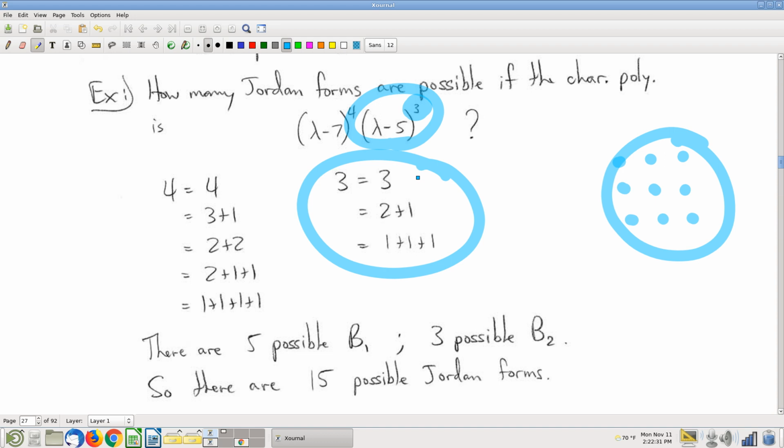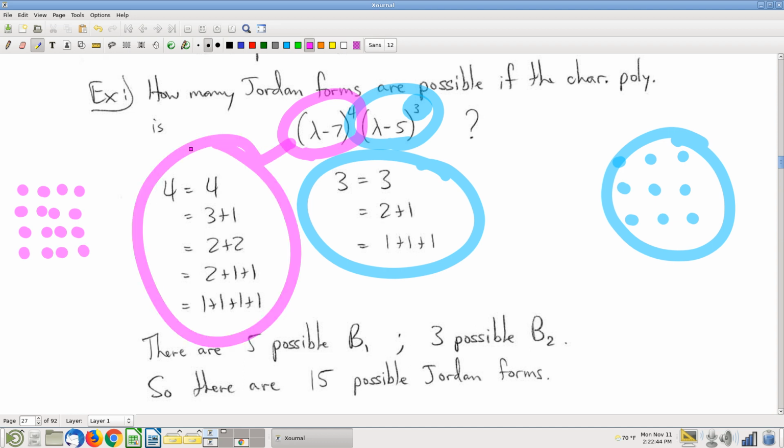And now likewise, let's not draw the picture because it's going to get a little ugly, right? But there's a 4x4. I could draw, I suppose, a 4x4, but again, that's going to get out of hand, drawing all the pictures and everything. But notice there's only 5 ways to add positive integers to make 4. These are they. Okay? And so there are 5 possible Jordan structures inside of that eigenvalue block.